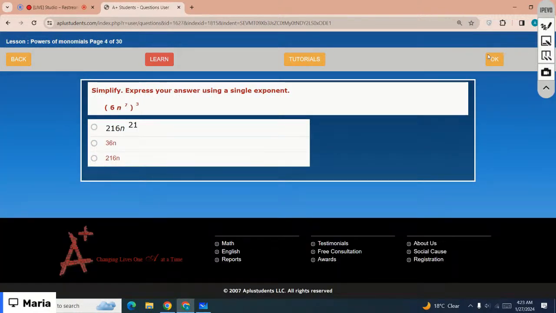The next one is simplify 6n7 exponent 3, which is the correct option?